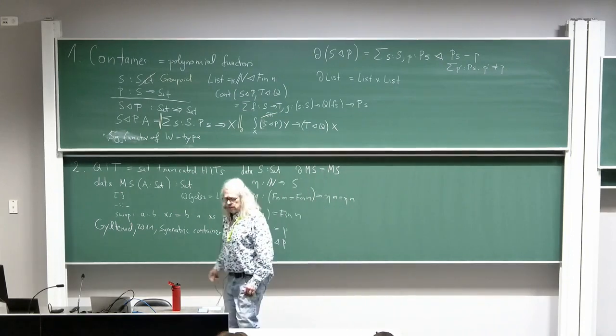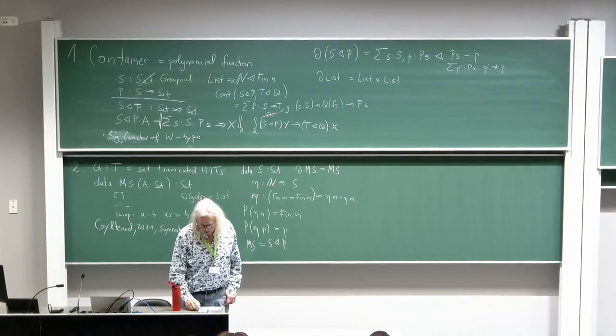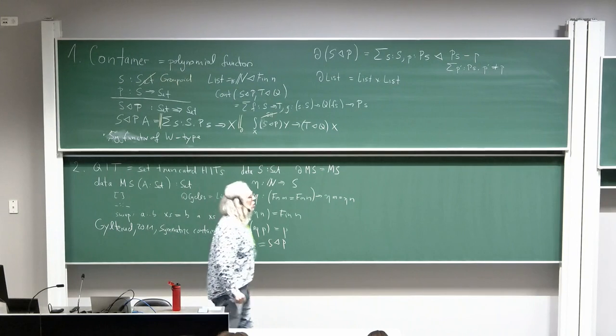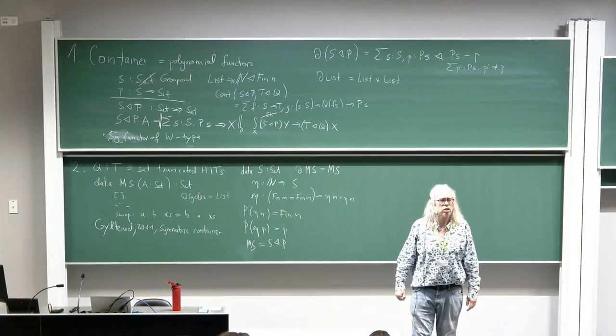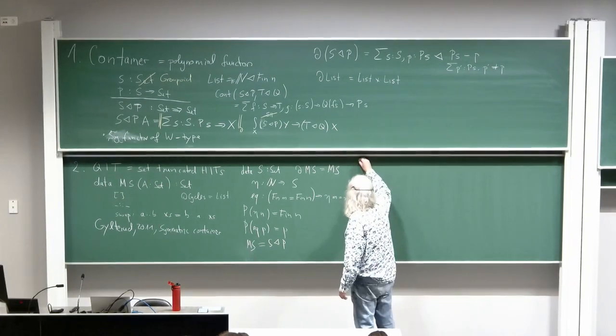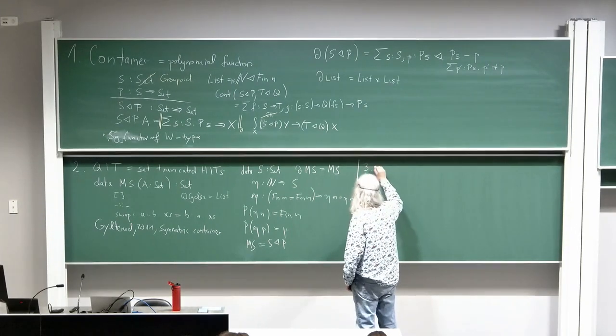So that's interesting to note. Now we may wonder, can we represent all interesting quotient inductive types using symmetric containers? And that's maybe the main point I wanted to tell you. So what are the counterexamples?